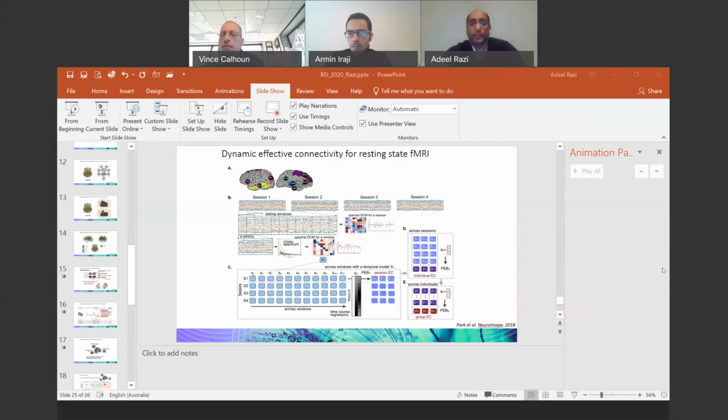Yes, so I spent quite a bit of time talking about this, especially in terms of aging populations, because this is something important when you try to apply DCM to neurodegenerative diseases, where the neurovascular coupling would be differentially affected. So this is a concern.